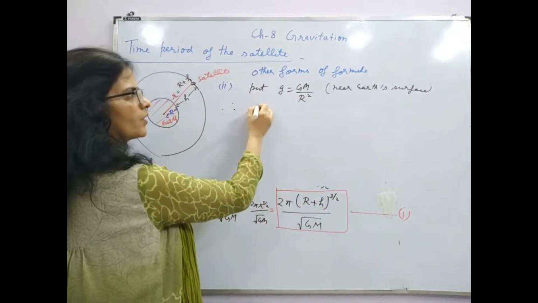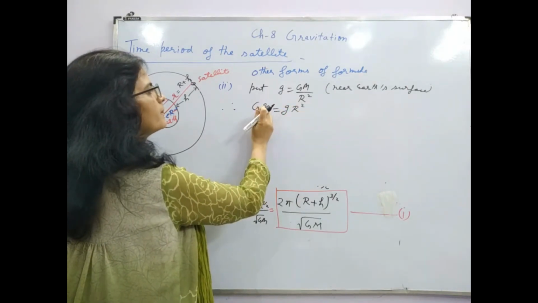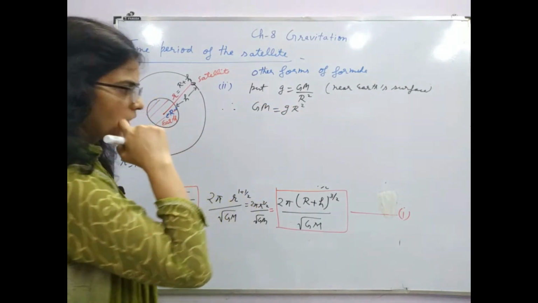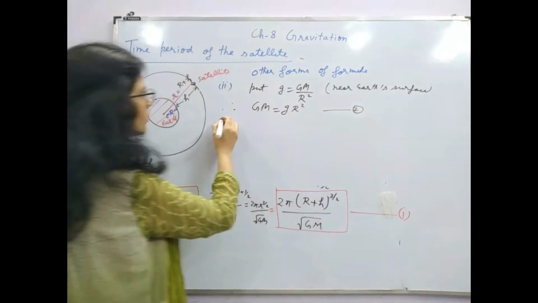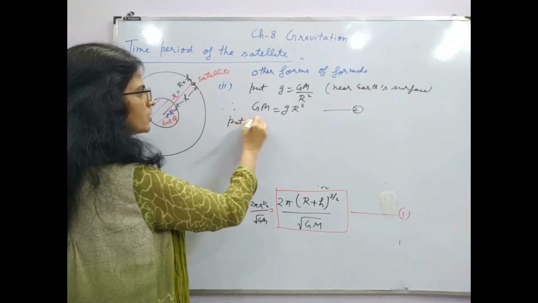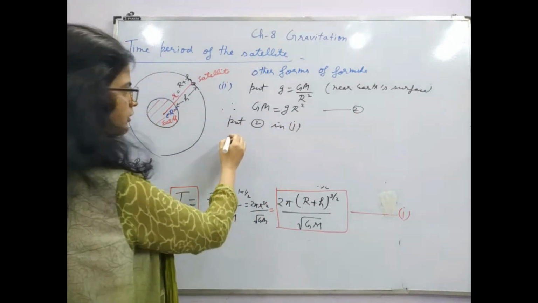Therefore, GM is equal to gR square. Let's put this. Put 2 in 1. What will you get?